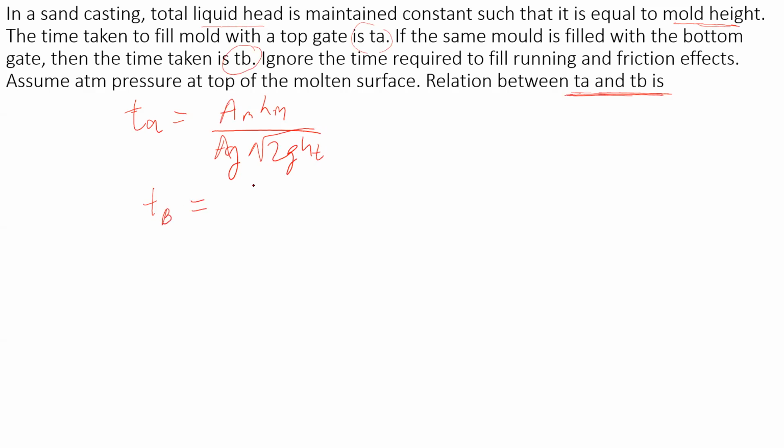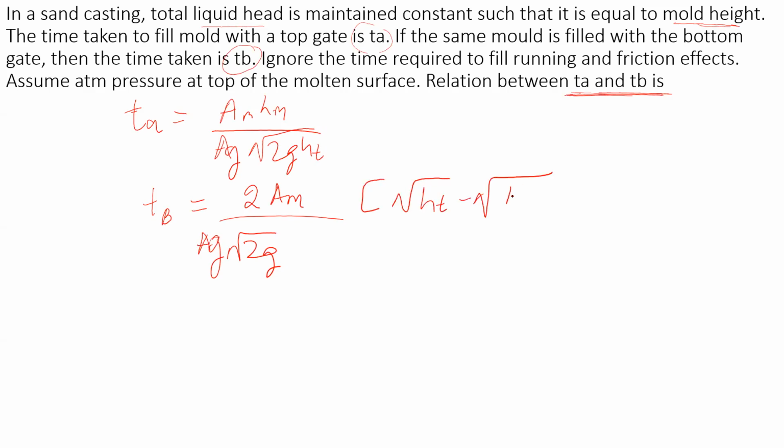What about TB? 2AM divided by AG under root 2G, and into under root HT minus HM. Right? Now what are they saying?